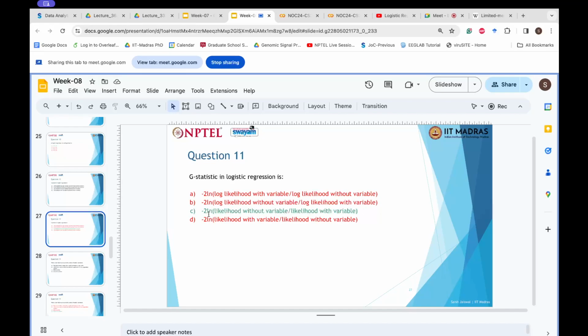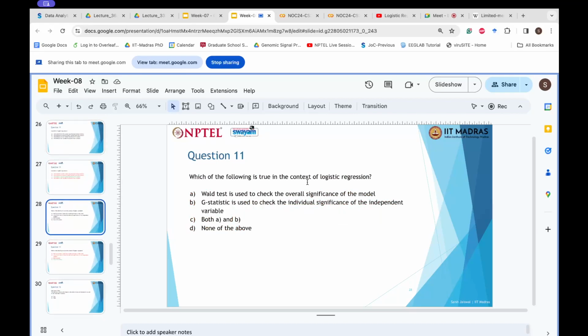If you simplify this and take the negative term inside, it is ln of likelihood with respect to variable divided by likelihood without variable. It is equivalent, not the same, to MSR divided by MSE, which we do in the case of linear regression to compute the F statistic. Similar intuition can be applied over here to compute the G statistic.